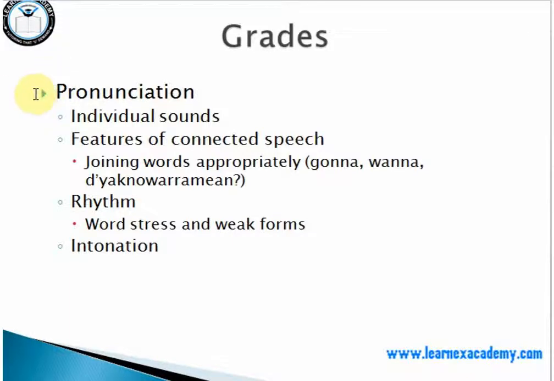Okay, pronunciation. Again, the practice here for pronunciation is focusing on the sounds, your consonant sounds as well as your vowel sounds. A lot of times consonant sounds are very easily detectable if they're mispronounced.